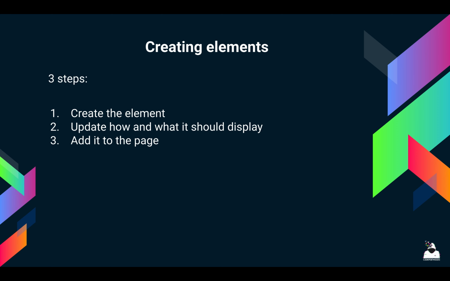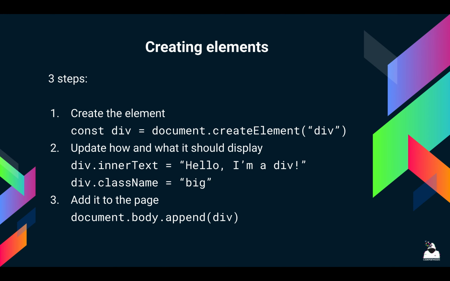We create it, we decide what it wants to look like, and then once we've figured that out, we add it to the page. We've just learnt about step 2, updating elements, but now we're going to do steps 1 and 3 when we create new elements and add them into our page.